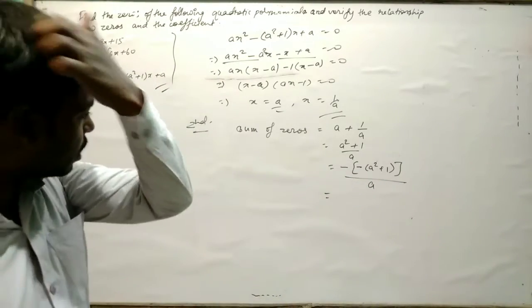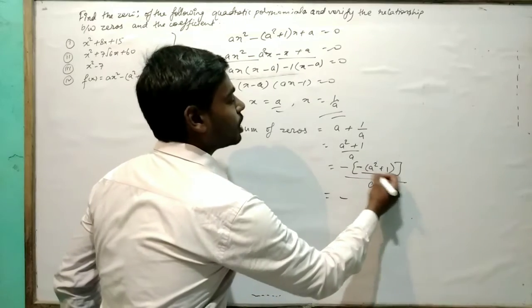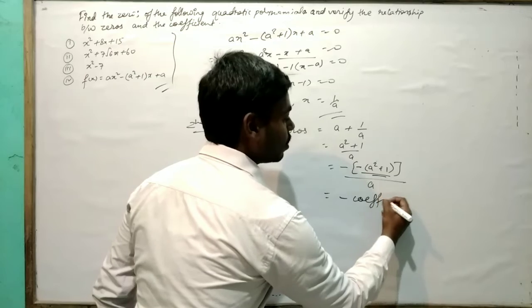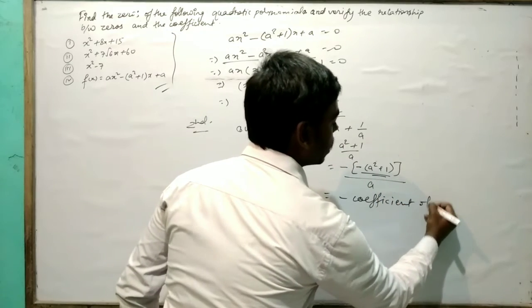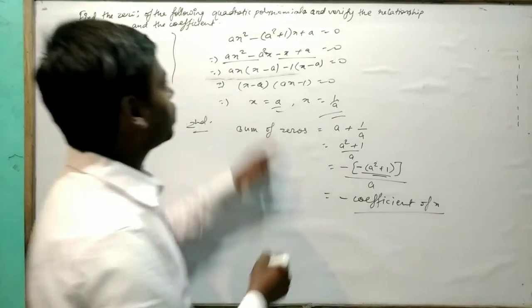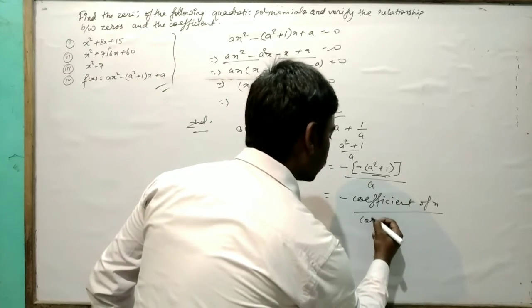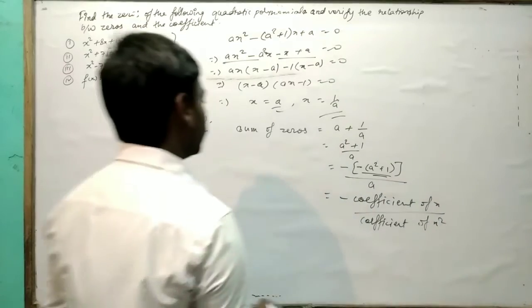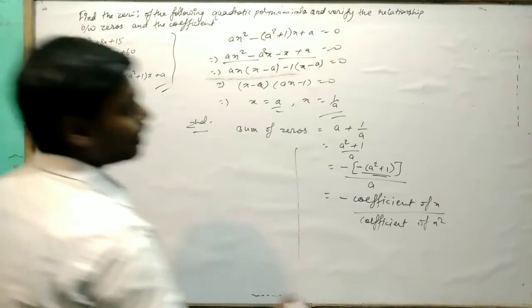Now we can say that minus, and what is this? This is the coefficient of x, and we can write it as coefficient of x by a, coefficient of x square. Okay, it is verified.